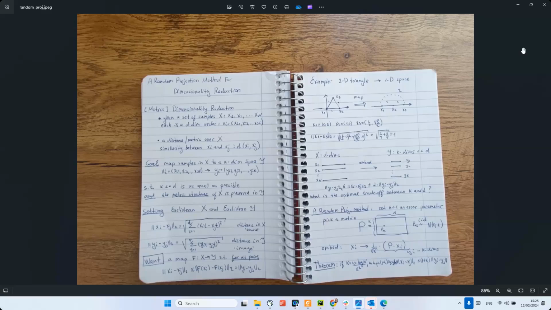So if you pick a k-dimensional subspace uniformly at random over all k-dimensional subspaces, and you project your points onto it, then with high probability, all the pairwise distances will be preserved within a 1 plus epsilon factor.